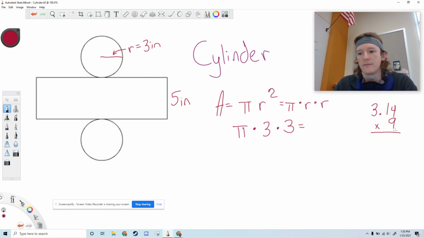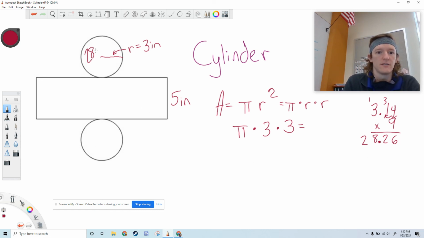We get 2826, move our decimal over 2, so 28.26. So this is 28.26, which means this is 28.26.